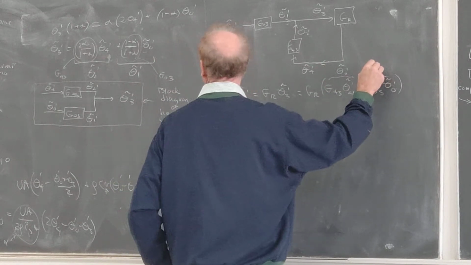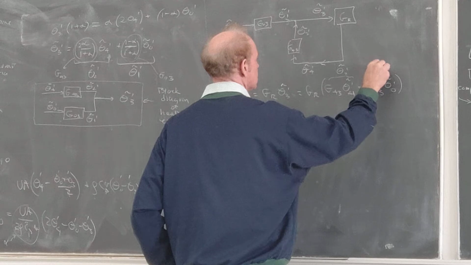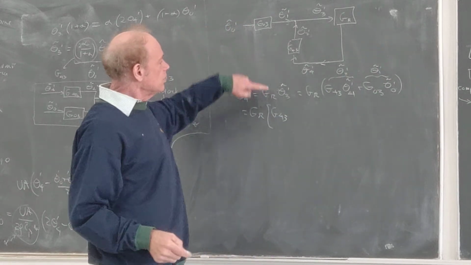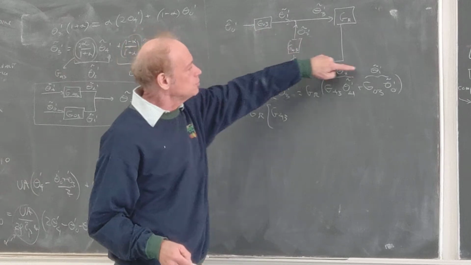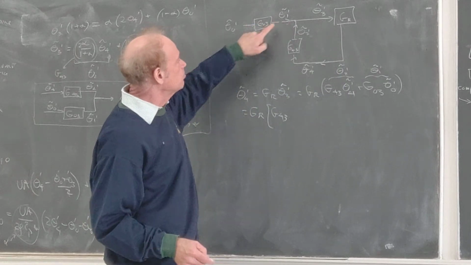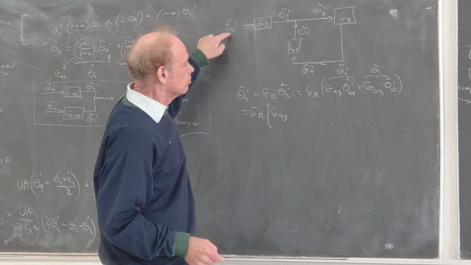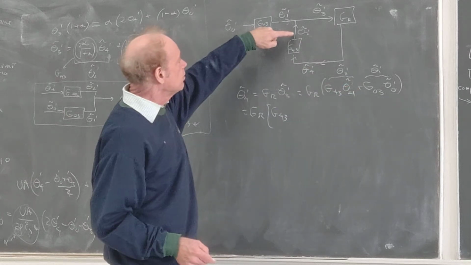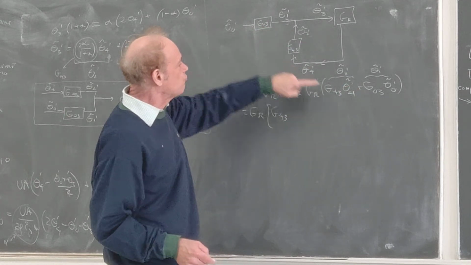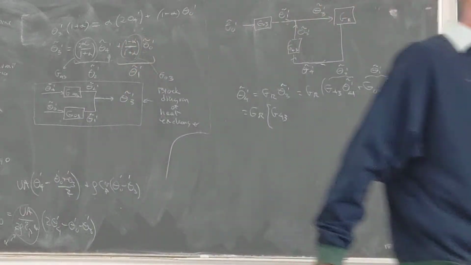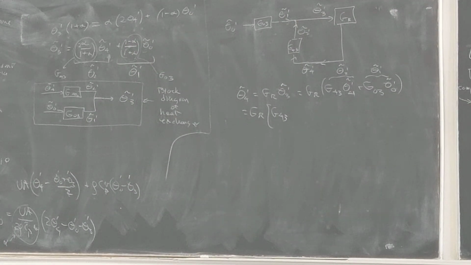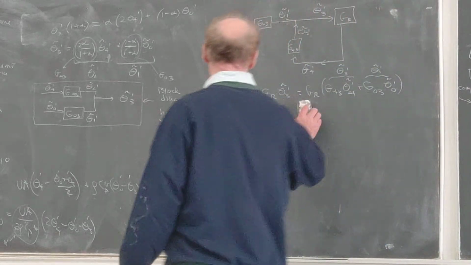And this thing is theta 1. So what happened? Theta 3 prime tilde was theta 1 prime tilde plus theta 2 prime tilde. And theta 1 prime tilde was G03 theta 0 prime tilde, and theta 2 was G43 times theta 4 prime tilde. So I already did it.